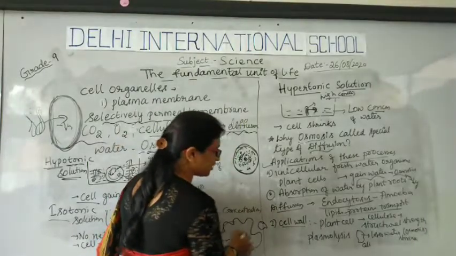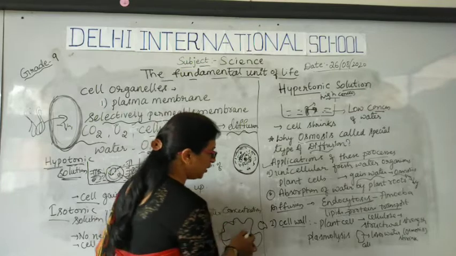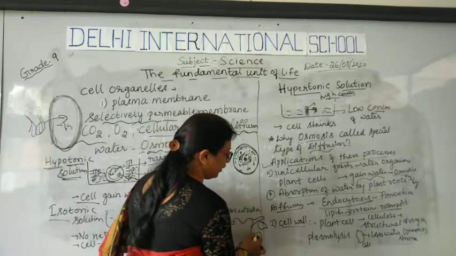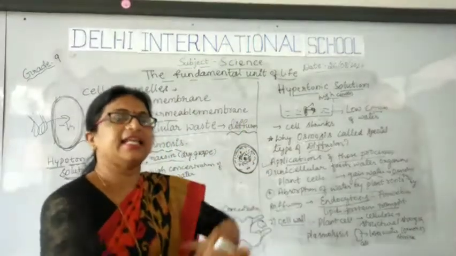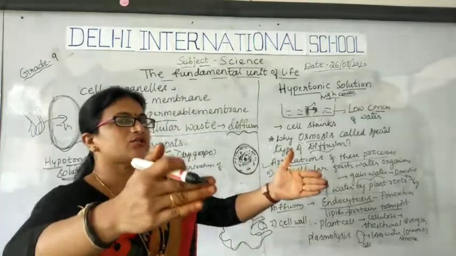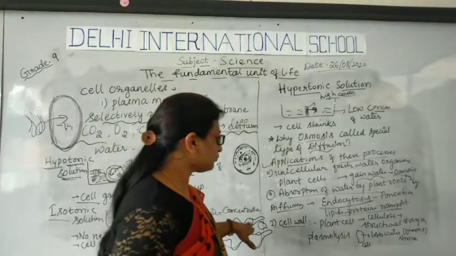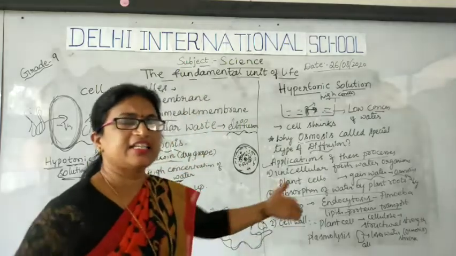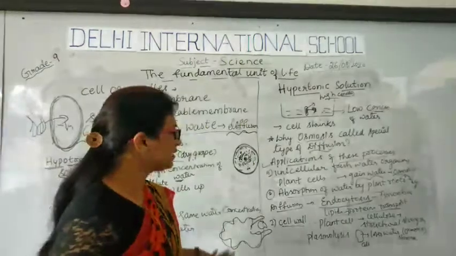When food comes near, it protrudes its pseudopodia and engulfs it. It senses the food material, protrudes the pseudopodia and engulfs it. So, this process is called endocytosis, that is engulfing inside.